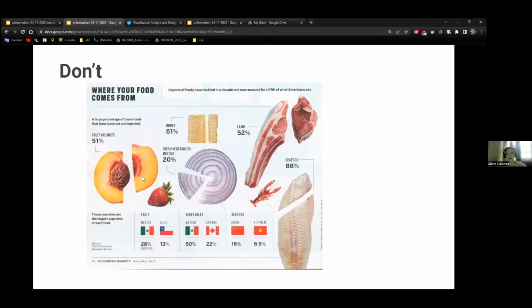We have a tendency to add decoration, but a practice we want to avoid, if we want to be efficient in our communication of data, is a lot of visual distractions. It's going to distract from our data visualization and the information that we want to transmit.